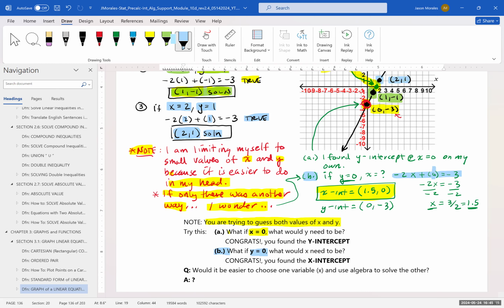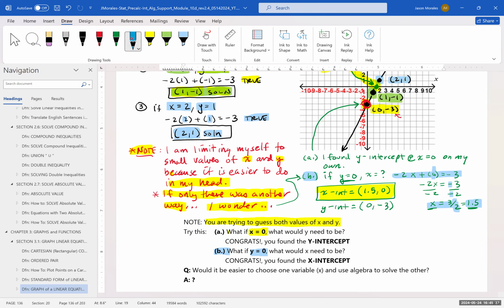Now that we've got one equation with one unknown, x, we can solve for x. We get -2x = -3. Divide both sides by -2, and a negative divided by a negative becomes a positive. So we get x = 3/2, which in decimal form is 1.5.